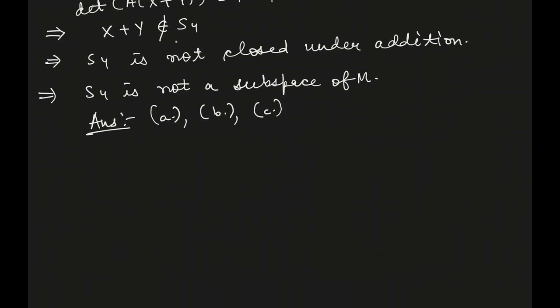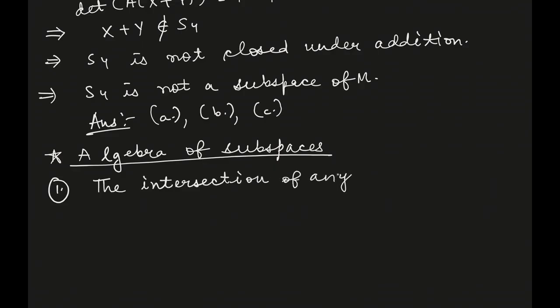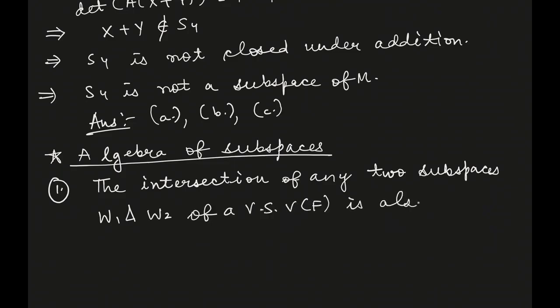Now one small thing. Algebra of subspaces. The intersection of any two subspaces W1 and W2 of a vector space VF is also a subspace of VF.